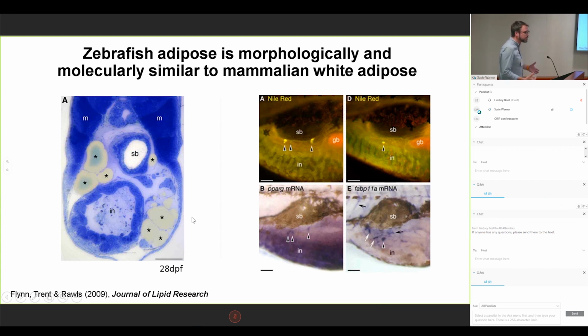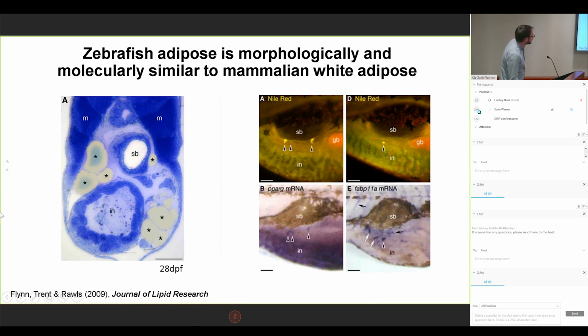It's a very small field, and there are very few papers on the subject. But one of the first papers was done by John, who showed that zebrafish adipose tissue is morphologically, molecularly, and functionally very similar to mammalian white adipose tissue. That is, it accumulates lipid in times of energy excess, and it mobilizes lipid during times of caloric or energy depletion.